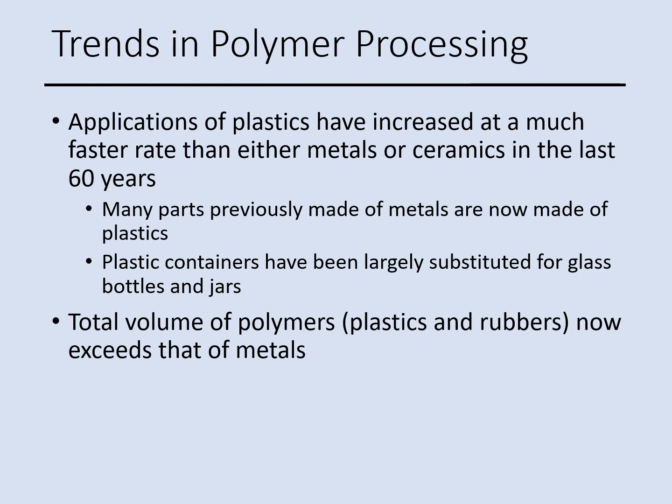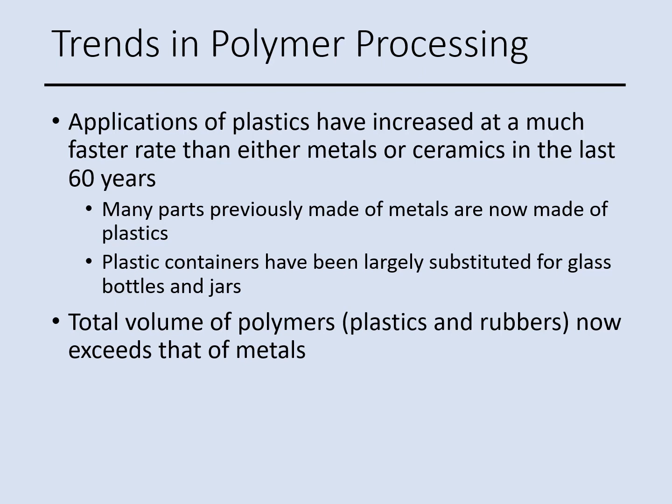Application of plastic products has increased recently at a very high rate, more than metal and ceramic. It happened around 50 or 60 years ago, and many of the products that used to be made of metals or ceramic are now made of plastic.